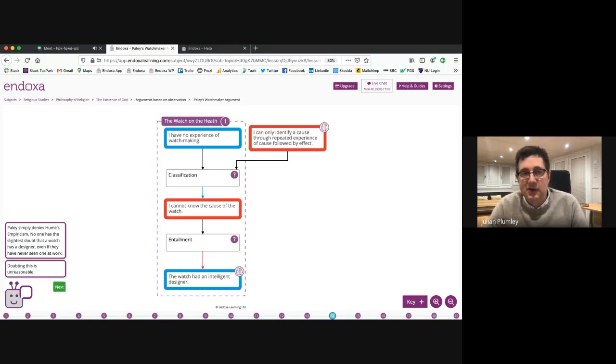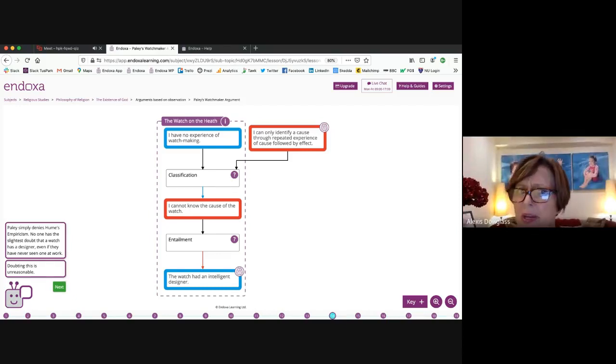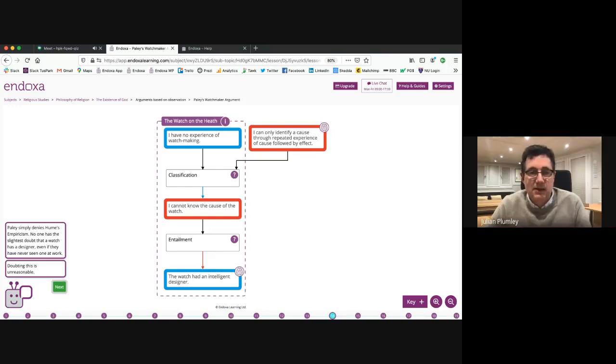So, as you said, with the example of the mobile phone, you look at it and you kind of know that it had a designer at some stage. So Paley's appealing to a combination of common sense and logic? Yes, he's using his common sense and then just using the logic to turn the argument the other way around.